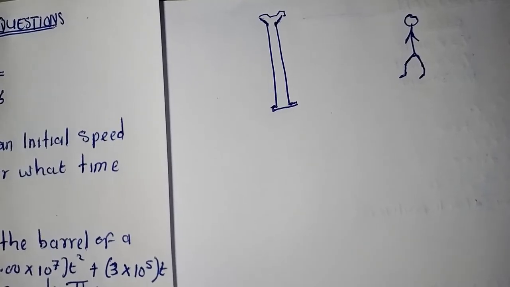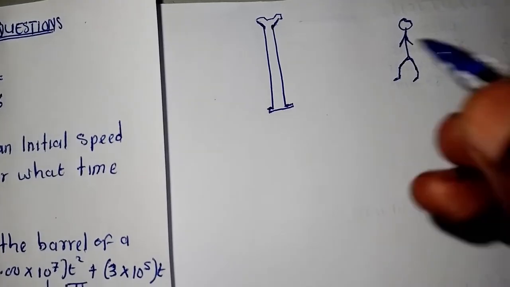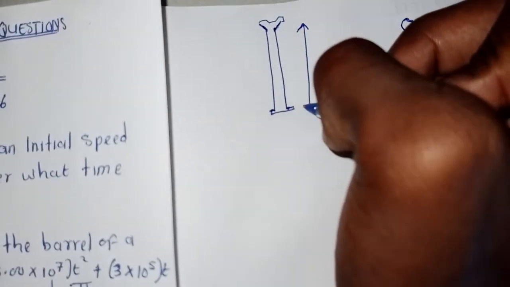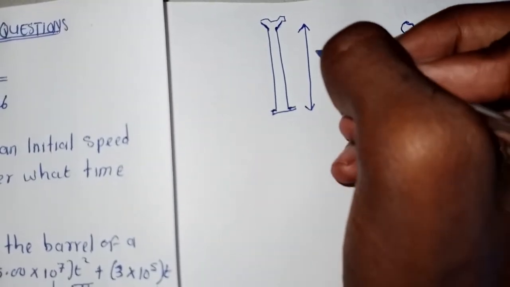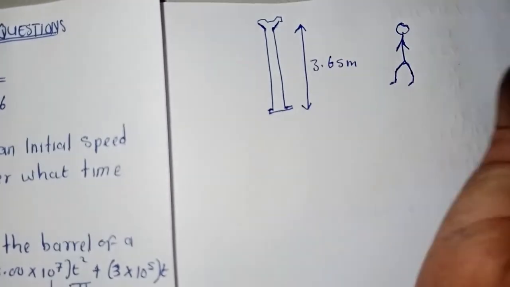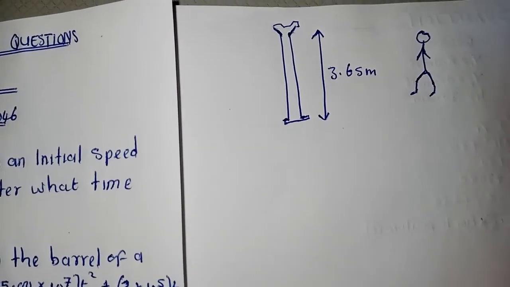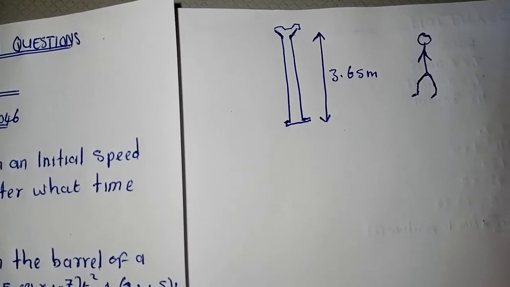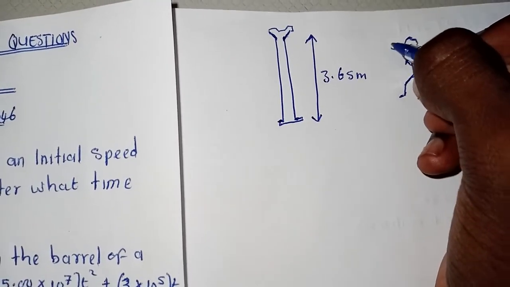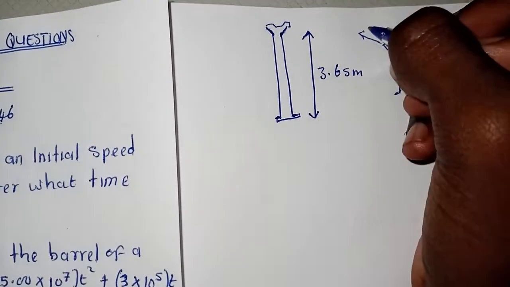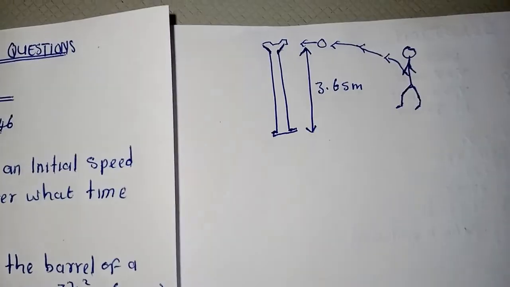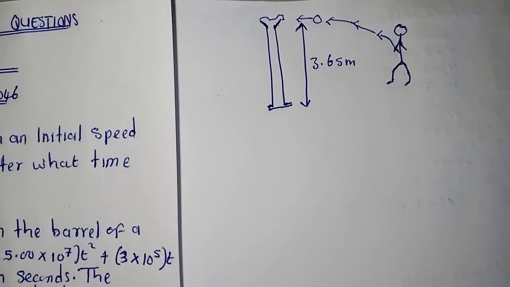Let's imagine that this thing here has a height of simply 3.65 meters. This guy throws a rock straight up in this direction, like that.